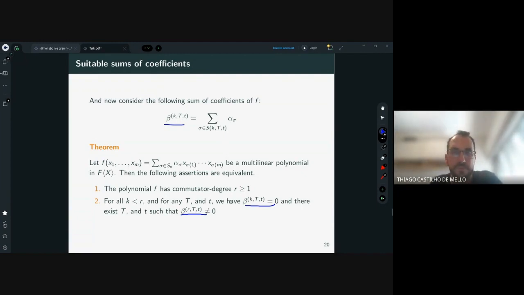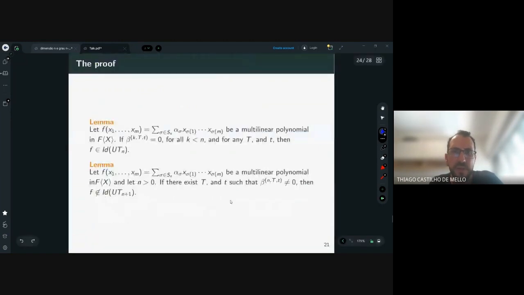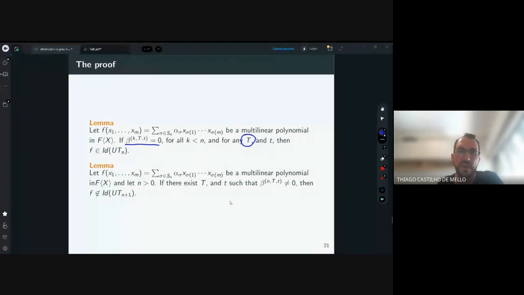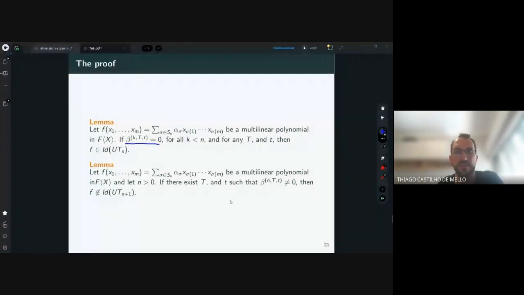Okay. Well, and how can we prove this? This is based on these two lemmas. They show that if a multilinear polynomial satisfies the first condition, that is, all these beta are zero for any choice of capital T and small t, all those partitions we consider, when the number of parts is less than n, then we prove that it's an identity.